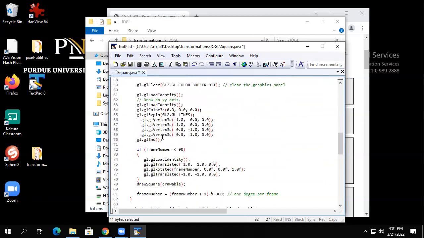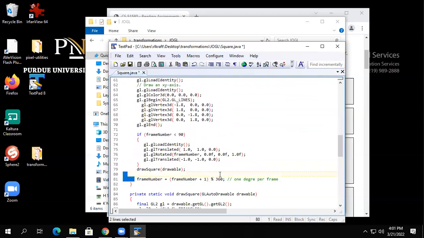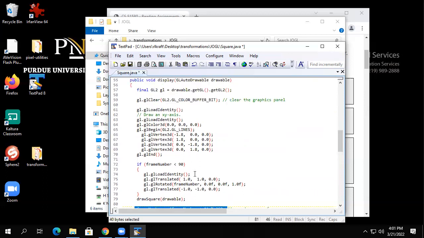The last thing the display function does is increment the frame number, and then take it modulo 360 because I'm doing rotations. So I'm going to keep my frame number always between 0 and 359. I'm going to make things a little bit simple here: every time I display a frame, I'm going to advance by 1 degree. So it's 1 degree per frame. Okay. So there's the frame number being advanced.